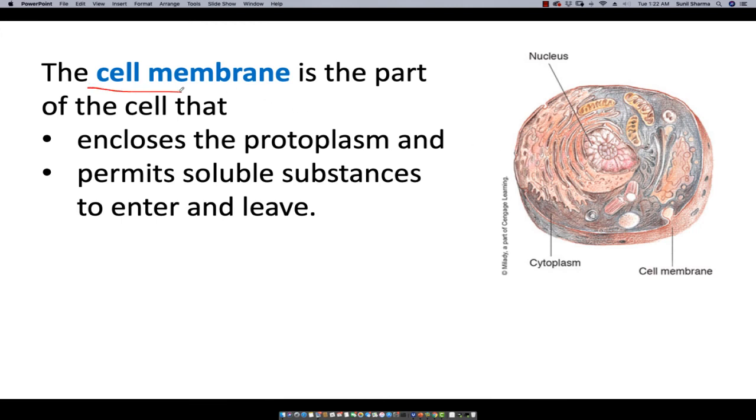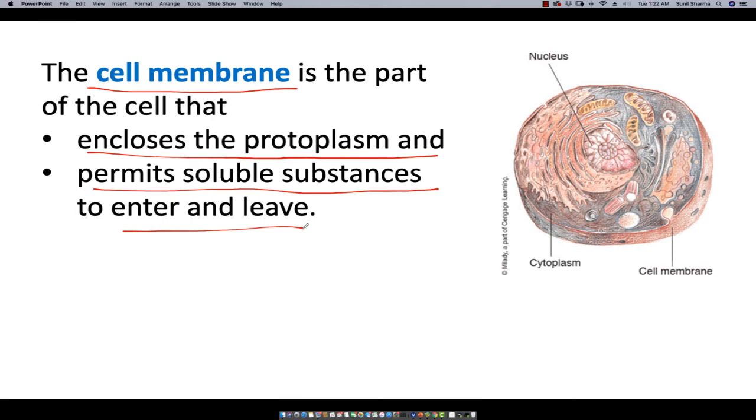Now we look at the cell membrane. It is part of the cell that encloses the protoplasm and permits soluble substances to enter and leave. So we have cell membrane that, again, we talked about, that covers the cell, and this is cut in half, so we're just getting a top view of this, but the cell membrane is like the skin on our bodies.